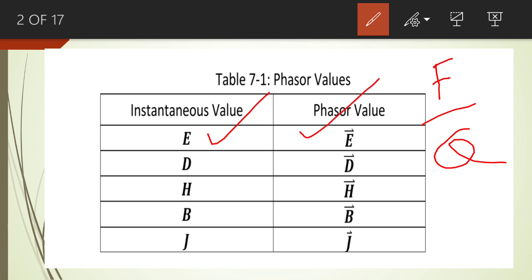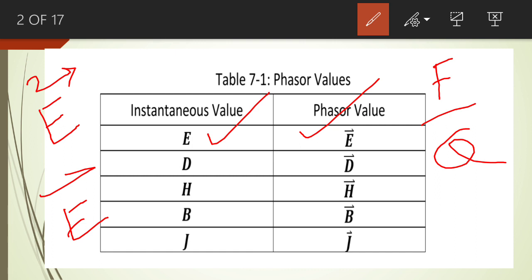Here is the phasor value of the electric field intensity. If you study the standard books, this is how the phasor value of an electrical quantity is represented in the standard book. But I have taken these materials from my personal book, and in my personal book, this is how I represent the phasor value of the electric field intensity.